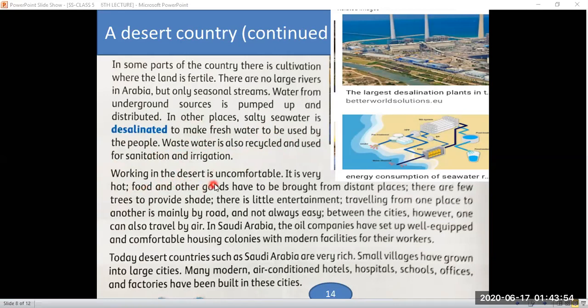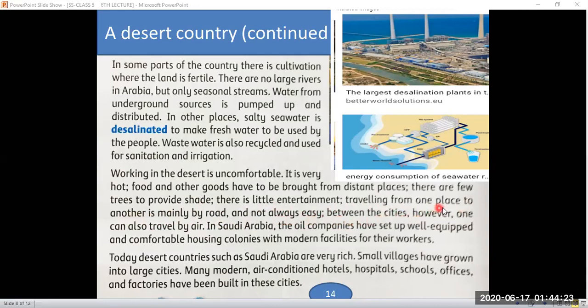Working in the deserts is uncomfortable. It is very hot. Food and other goods have to be brought from distant places. There are few trees to provide shade. There is little entertainment. Traveling from one place to another is mainly by road and not always easy.